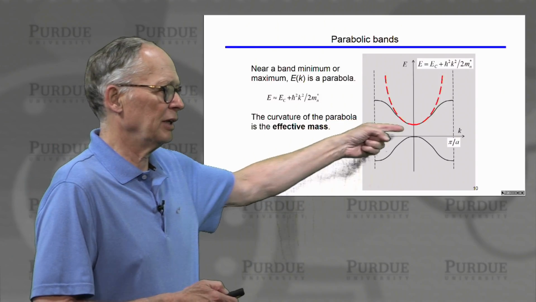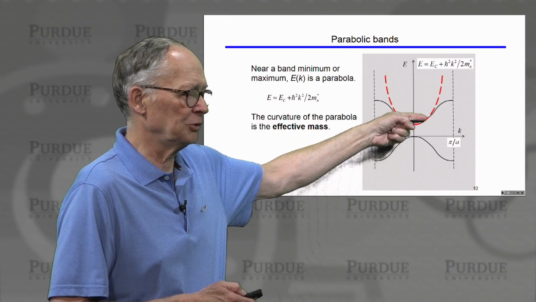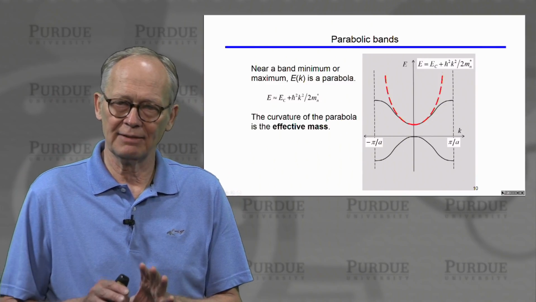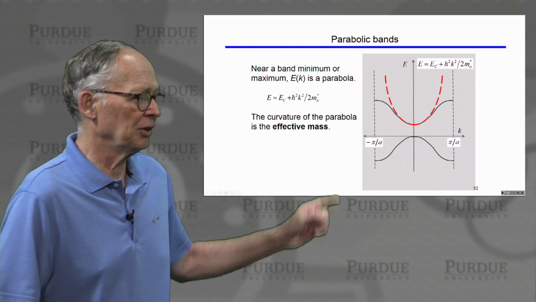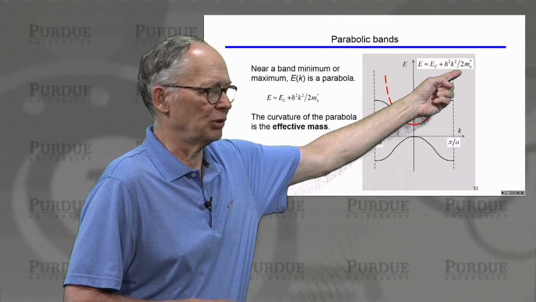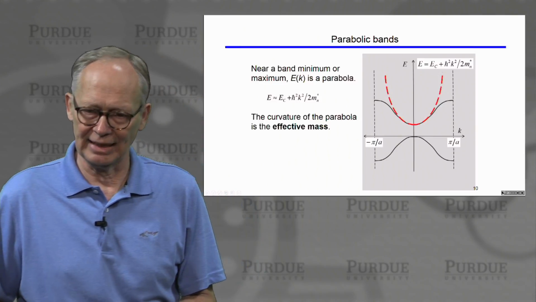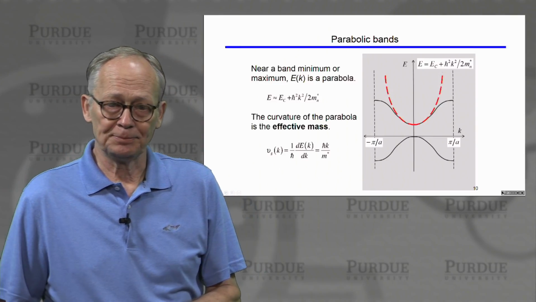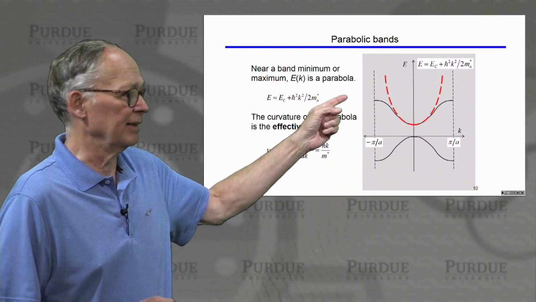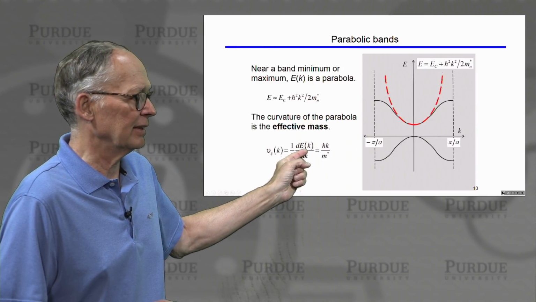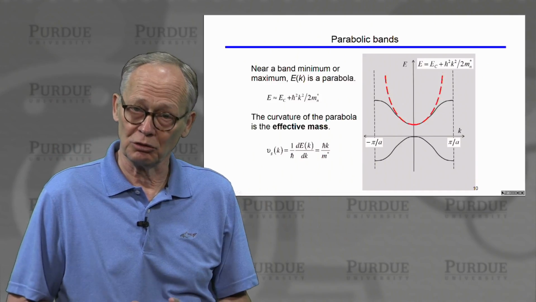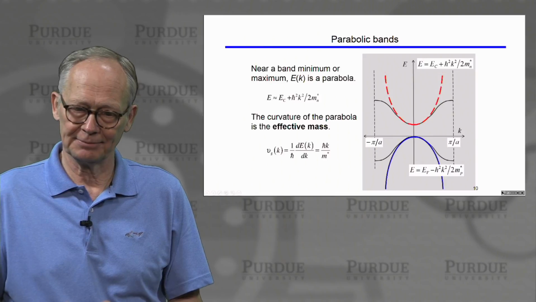And since we're only concerned with near the minima, because that's where all of the electrons are, we can approximate the E versus K relation by a simple parabola, as long as we use the correct curvature of that parabola, or the correct effective mass. So if we use that, we can then take that effective mass, we can take the slope of the E of k, and we get velocity as momentum, crystal momentum now, divided by mass.